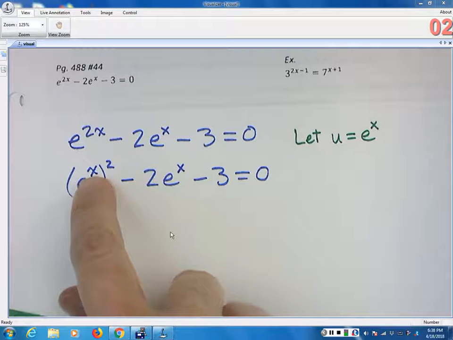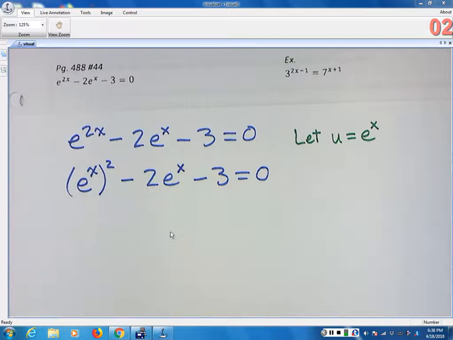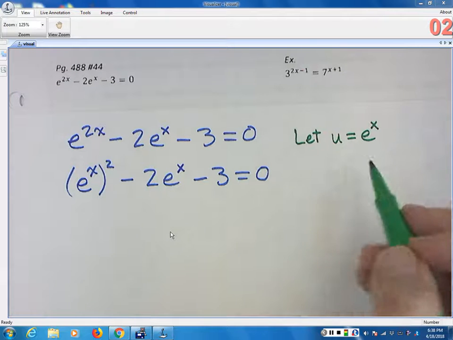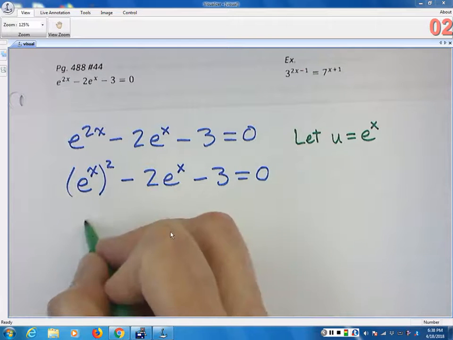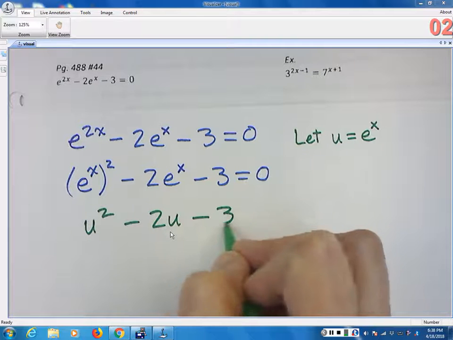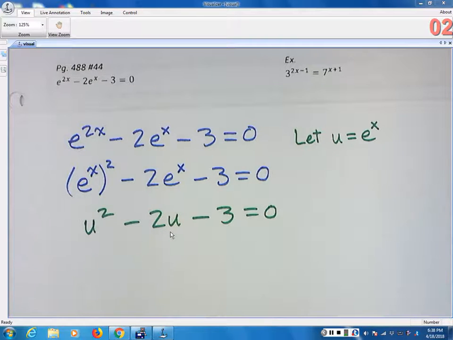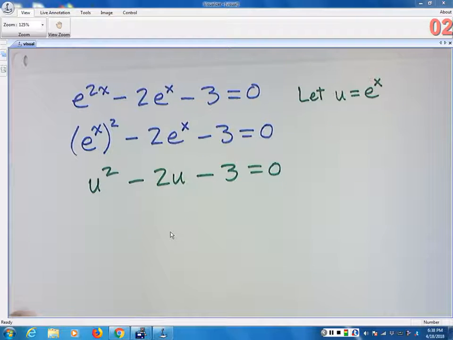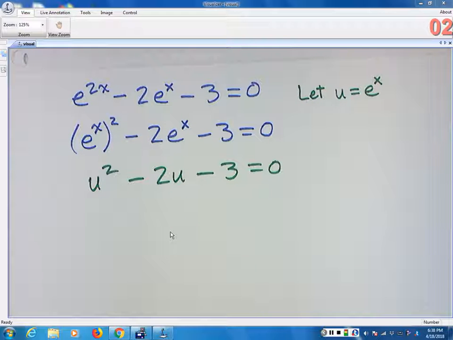You'll get e to the x times 2, or e to the 2x. Okay, so we're going to let u equal e to the x. So we have u squared minus 2u minus 3 equals 0. Now, that should look easier to factor. Does that look easier to factor?